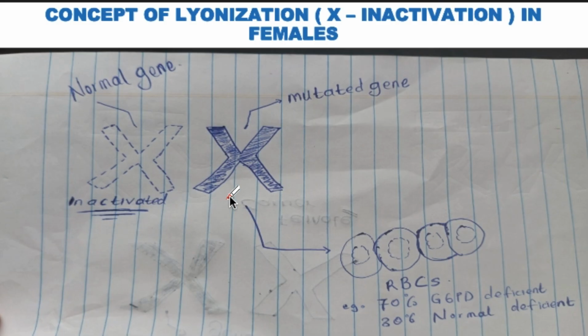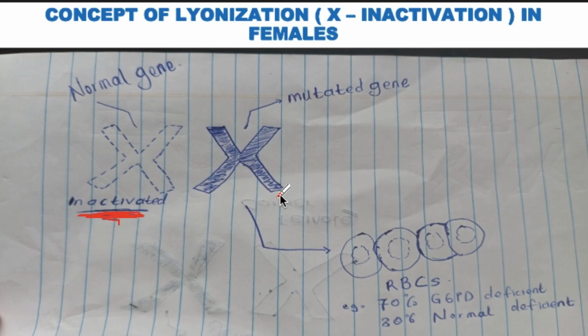So most carriers are asymptomatic. If X inactivation is skewed toward the normal X, the female remains asymptomatic. However, if X inactivation is skewed toward the mutated X, a larger proportion of red cells are deficient, and the female may develop hemolysis and clinical symptoms.